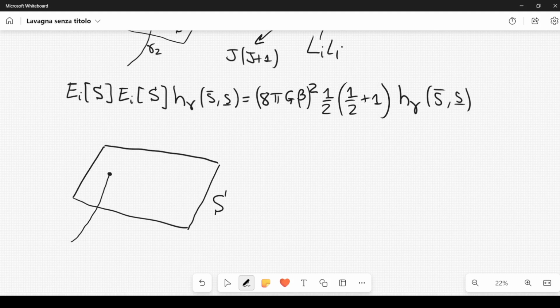The curve γ intersects the surface at a certain point. For example, let's call this point K. So this might be P_K or whatever point you want. So you can label it the way you want. Now let me avoid labeling this point.